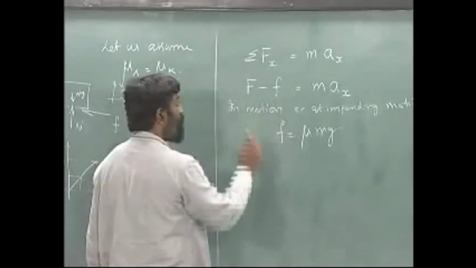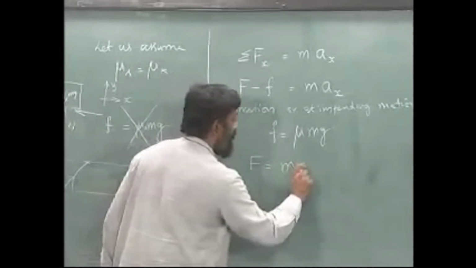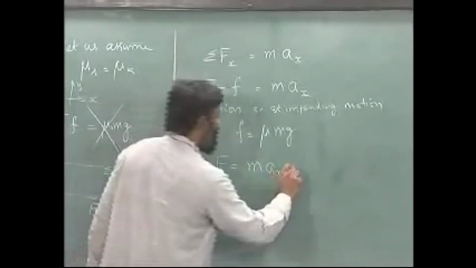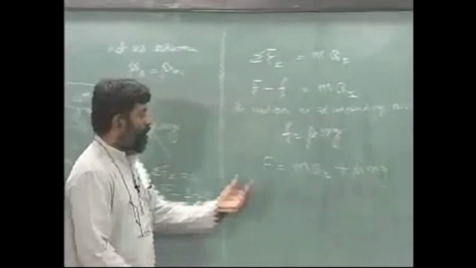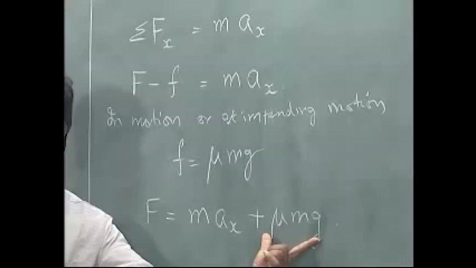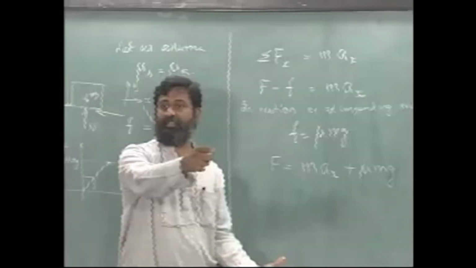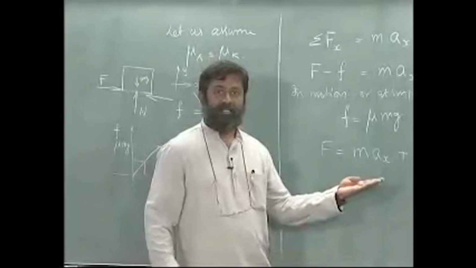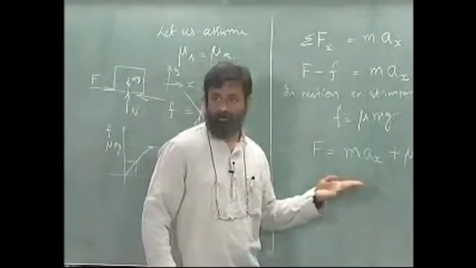Once I know it is mu mg, then I can write F is equal to m times Ax plus mu times mg. So part of the force is taken by the frictional force and part of it goes towards accelerating it. This is a very crucial point that has to be understood.